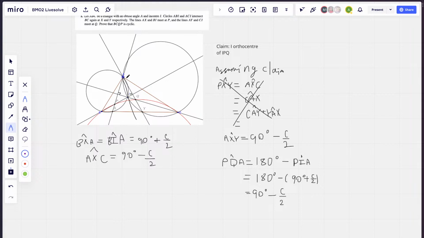So AXC is 90 minus C over 2. Now we need to look at CAX, which is equal to CAI plus IAX, and IAX is IBX. So then we're done, yeah? Yeah. Okay, that took way too long.